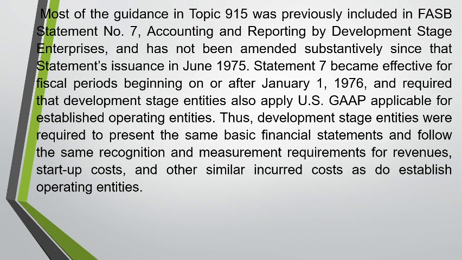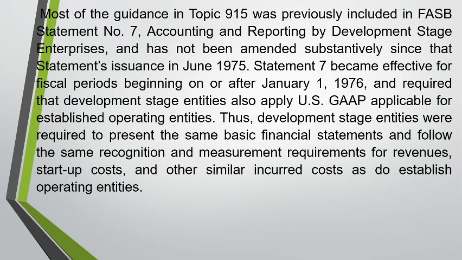Most of the guidance in the topic was provided in Statement 7, accounting and reporting by development stage enterprises, and has not been amended substantially since the statement was issued in June 1975. Statement 7 became effective for fiscal years beginning after January 1, 1976.